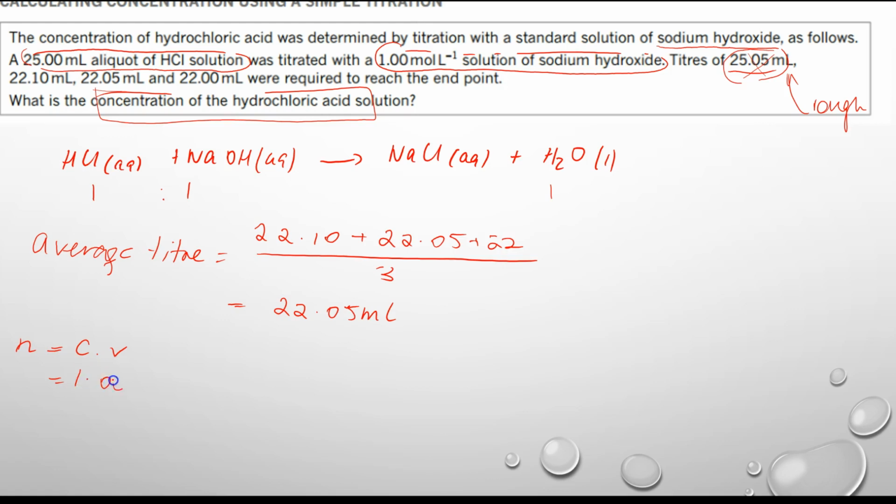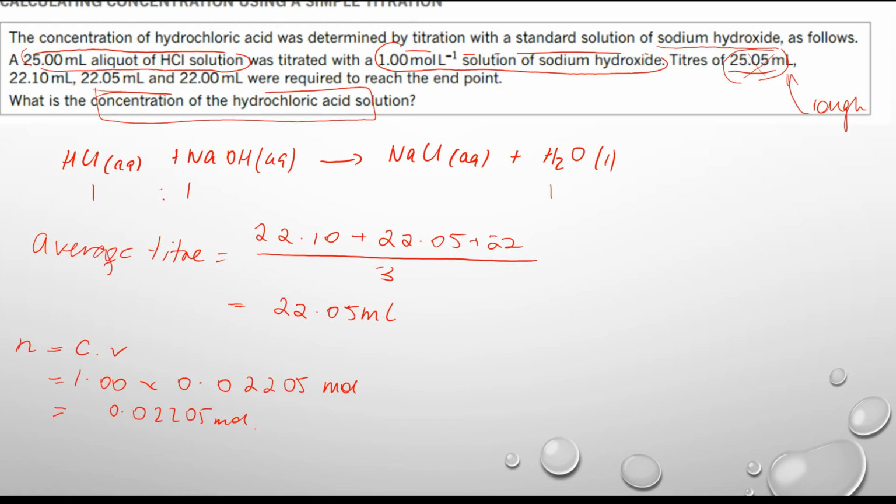It's 1.00, remembering to use the number of significant figures in the question, times our average titer. So if we convert this into litres, it will be 0.02205 litres. So our answer is going to be 0.02205 moles.